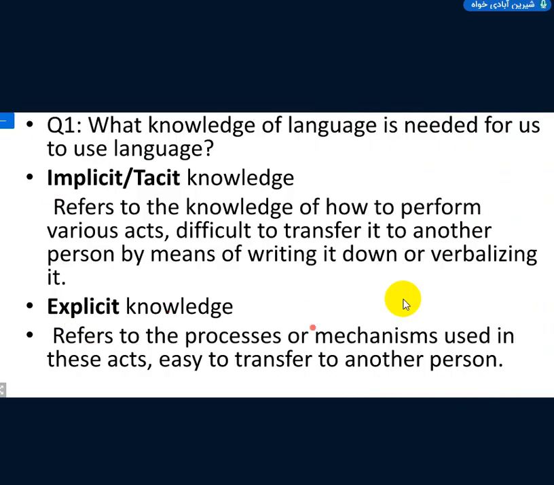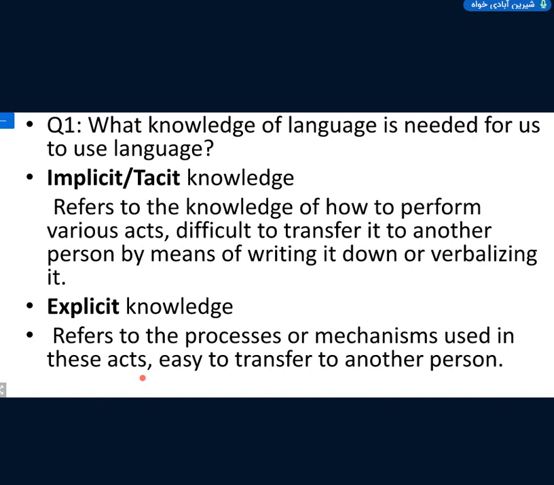And what about explicit knowledge? Explicit knowledge refers to the processes or mechanisms used in these acts. It's easy to transfer to another person. For example, at the moment I am teaching psycholinguistics, and I'm transferring the knowledge that I have acquired to you. This is a piece of my explicit knowledge I'm explaining to you.